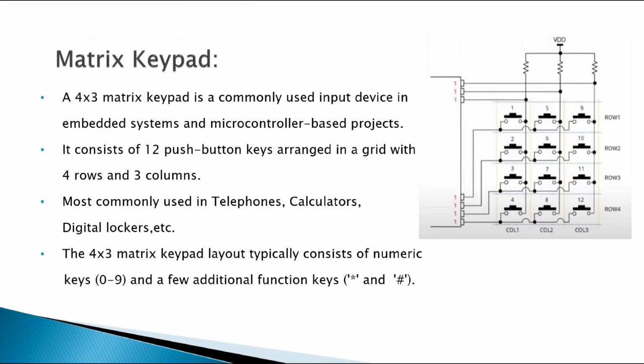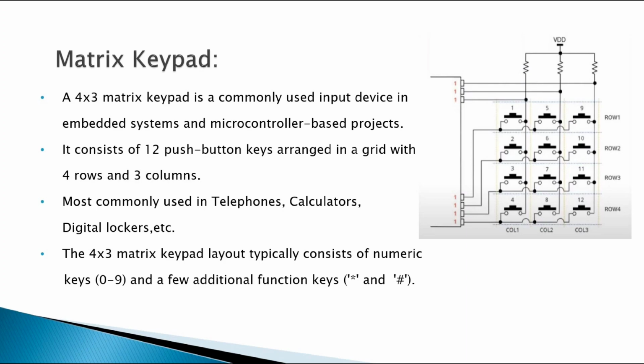Now moving on to the peripherals. The peripherals used in this project are a matrix keypad, tactile switches, CLCD display panel, and buzzer. A matrix keypad is a commonly used input device in embedded systems and microcontroller based projects. It consists of 12 push button keys arranged in a grid with 4 rows and 3 columns.